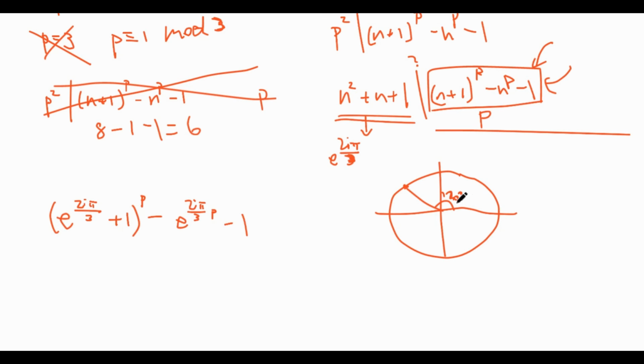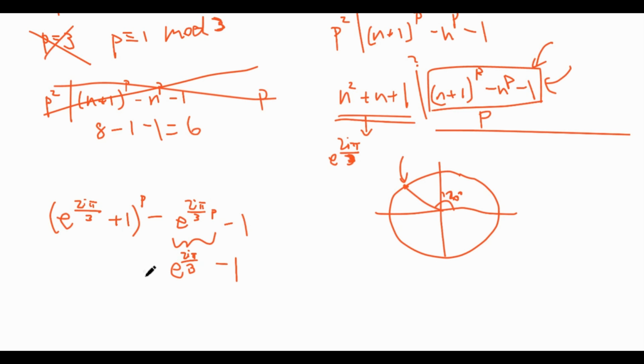Since 120 times 3 is 360, it's basically just going around a full circle and then going one more, which is just this point again. So this thing is just equal to e to the 2i pi over 3. Okay, so now we also have a minus 1 here.